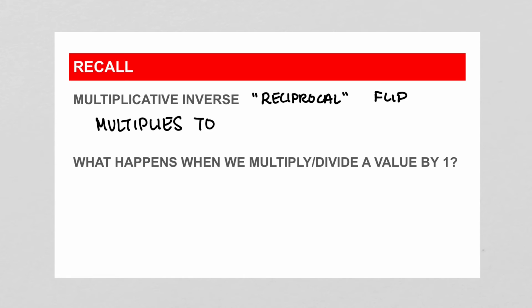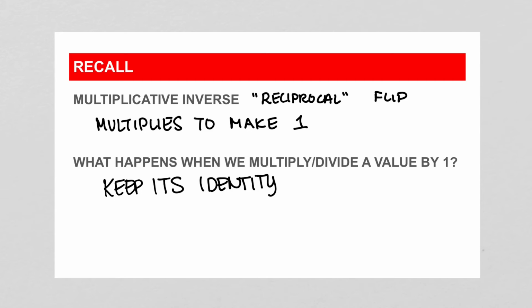And why is 1 important? Why is a positive 1 important? Well, when we multiply any value or divide any value by 1, it keeps its identity, right? And that kind of goes back to that identity property like we talked about with addition.